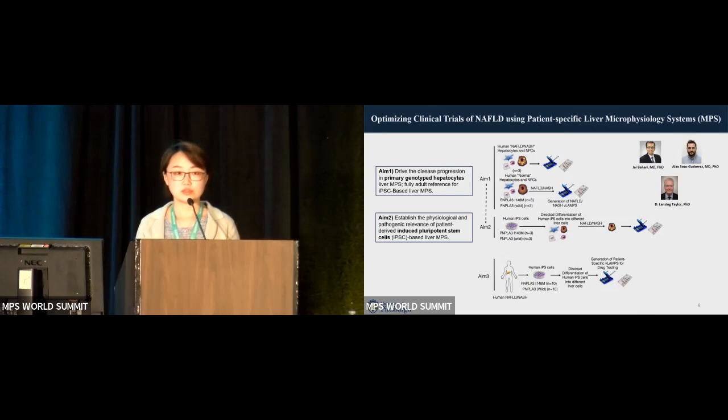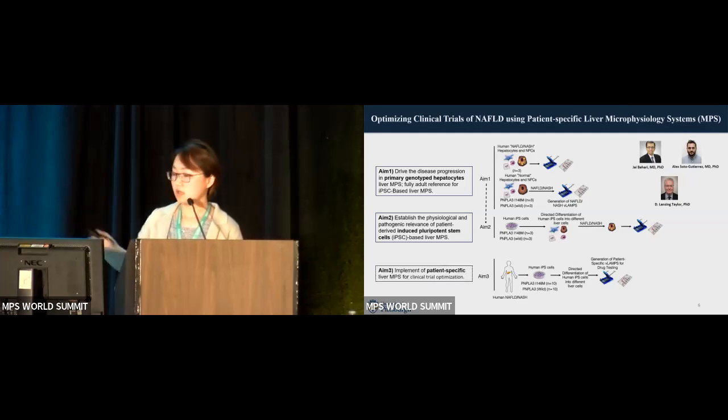We will be able to answer the question, to what degree this iPSC-based liver MPS is able to recapitulate the adult liver function and the disease phenotype. Okay, in the end, we are going to use our patient-specific liver MPS for clinical trial optimization.